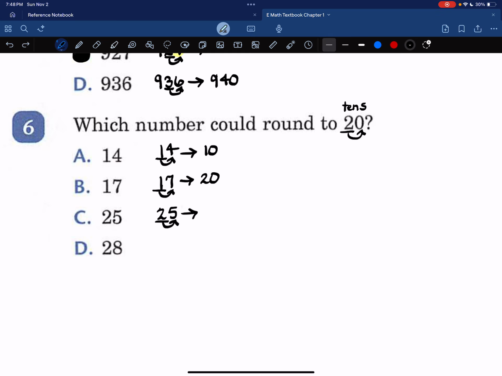Neighbor said 2, but I'm not doing it. 30, and then 28, the neighbor says to round up, so that would be a 30. We want the one that would round to 20. So that's going to be B as in boy.